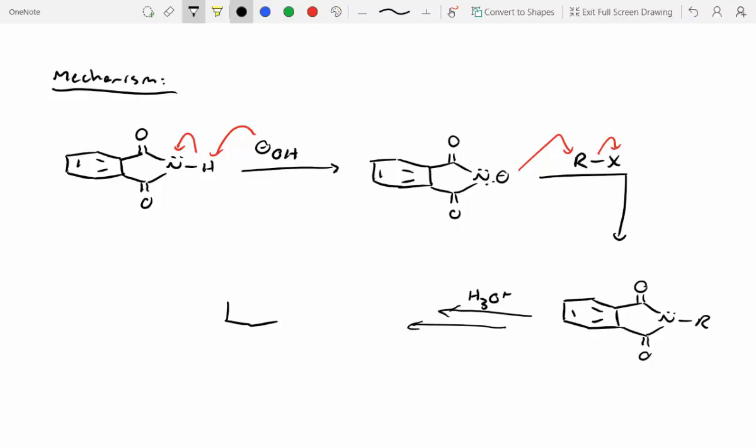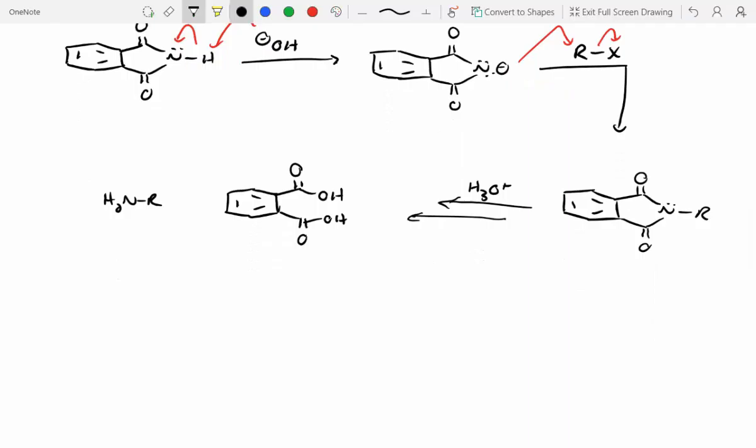So if we do that, we get phthalic acid, and then we get our amine out. So that's one option, and we said that this is a slow reaction. It normally requires a lot of heat to bust open an amide.